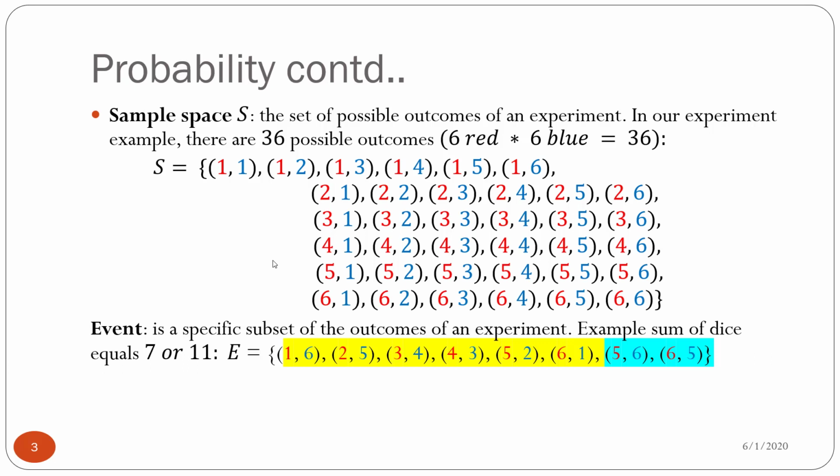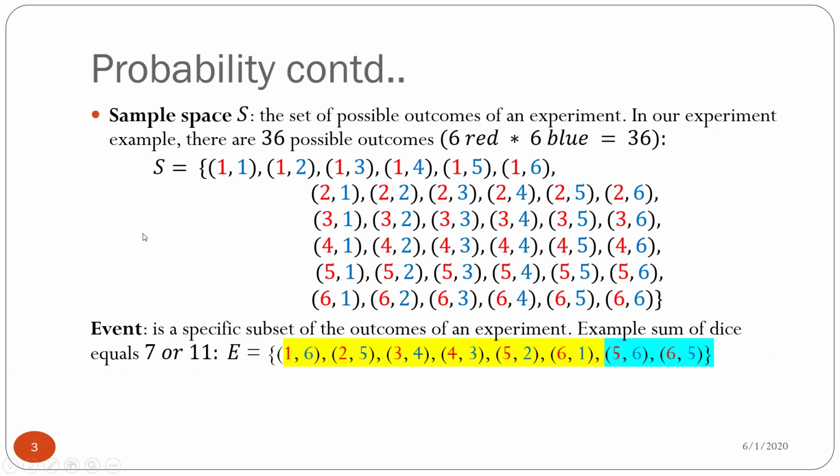Similarly, if I say that you just have one dice that you are rolling, then what's the sample space? Well, you should say, my sample space will have only 6 elements: number 1, number 2, number 3, 4, 5, and 6. So these are 6 elements. Okay, so I hope what I'm telling you is making sense.